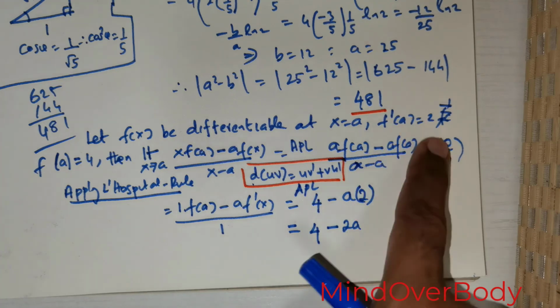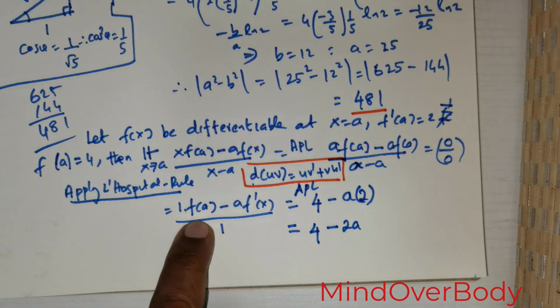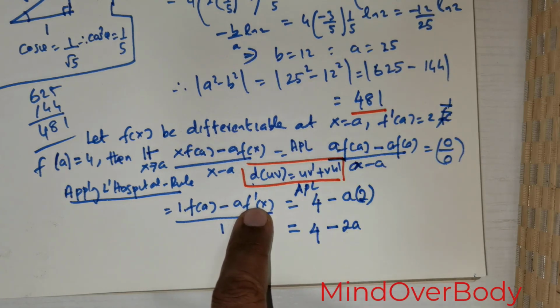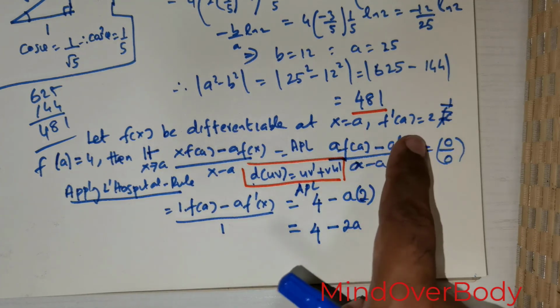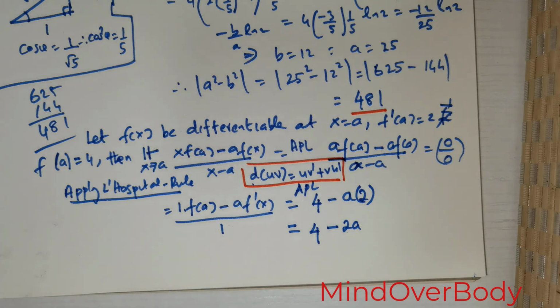F dash of a, of course f of a is there, but in this case we just have f dash of x, and f dash of x is actually f dash of a for the fact that x is tending to a. So the final answer is going to be 4 negative 2a, and that's a good place for us to draw the red line and move on to the next question.